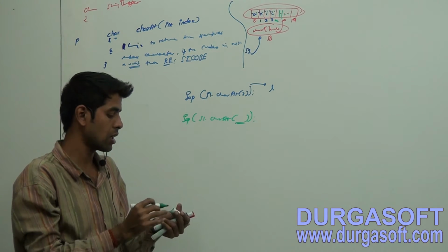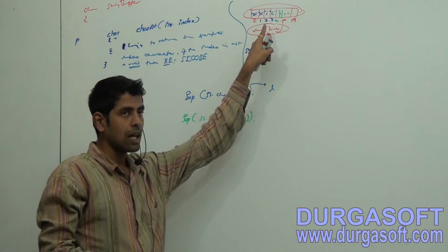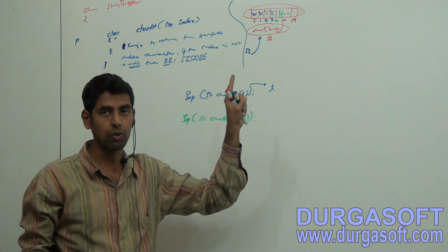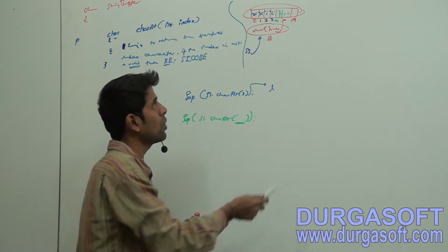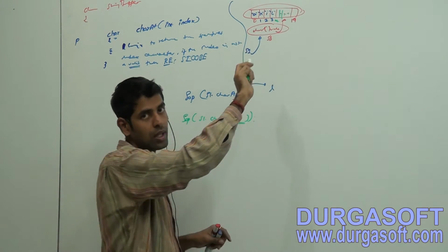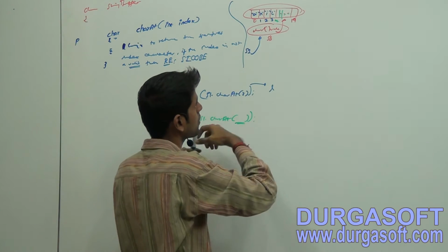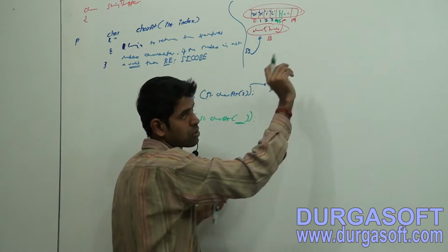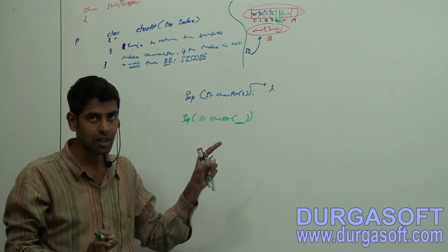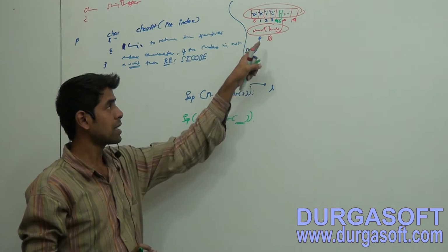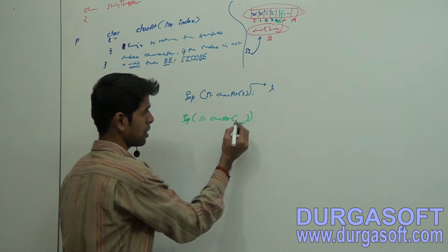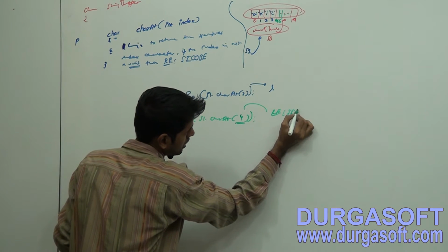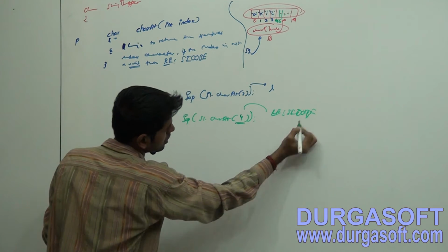Does the fourth index have any element? Of course it will have a default value, but I don't want the default value. Do you have any customized value at the fourth index, the fifth index, or the 19th index? No, you don't have any customized character. Now if I pass 4 here, I will get a runtime exception: StringIndexOutOfBoundsException.